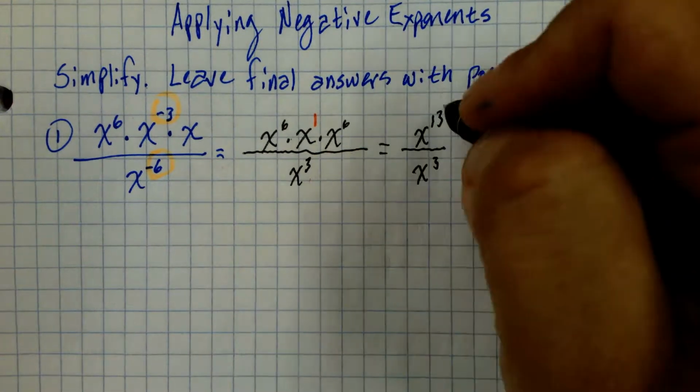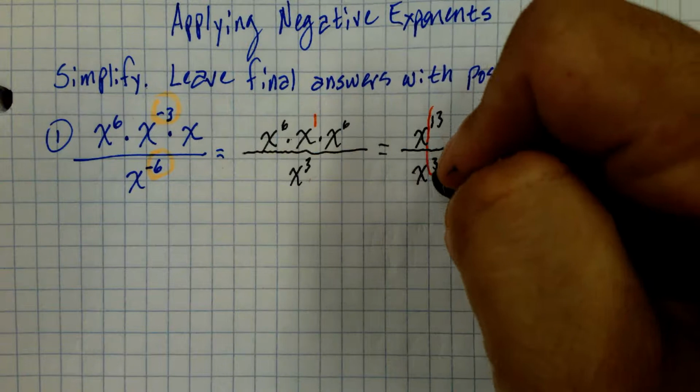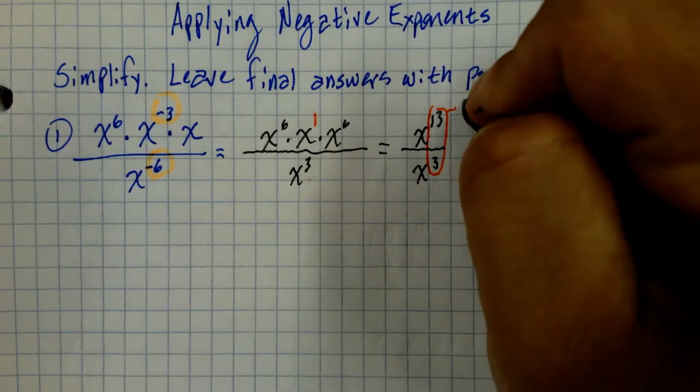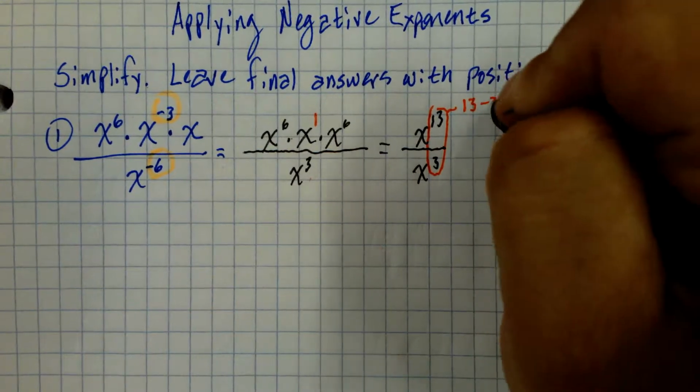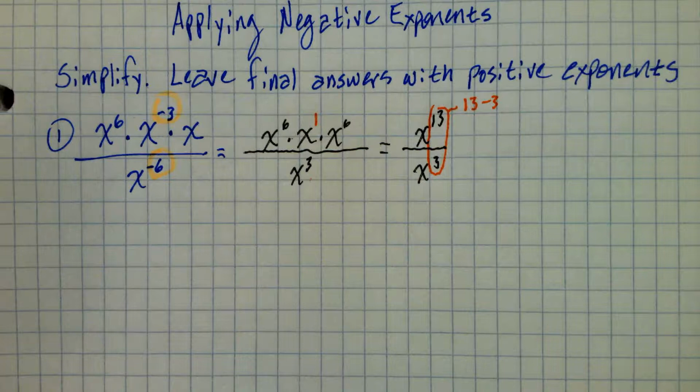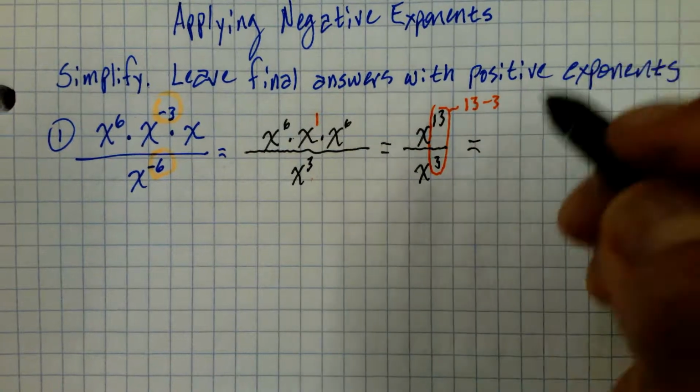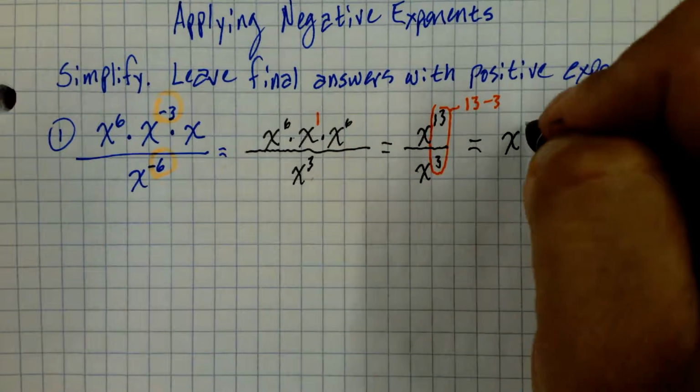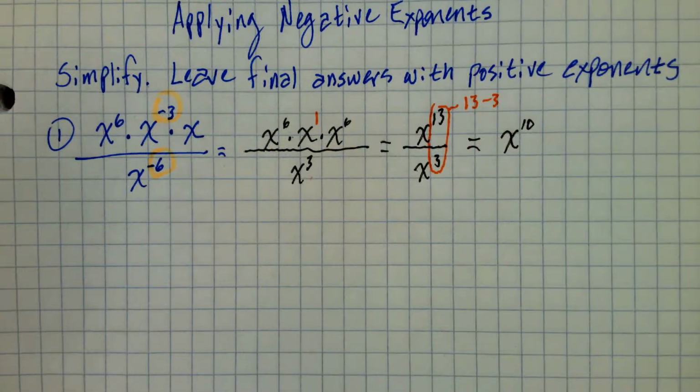And now what do we do with our exponents here? 13 take away 3, again, I'm being thorough because it's my notes, is x to the 10th. So there you have it. Any questions? Okay, let's move on to a second example.